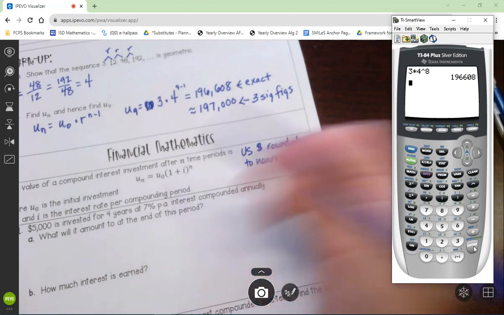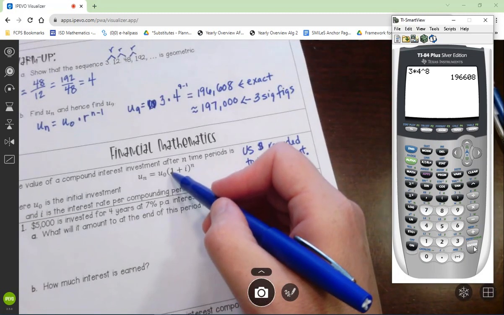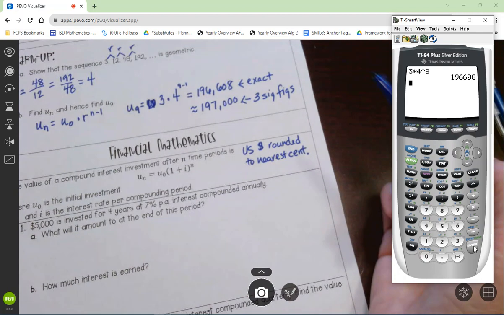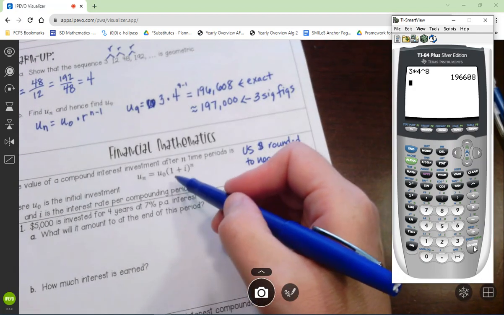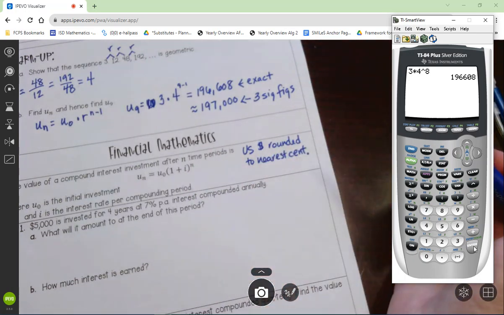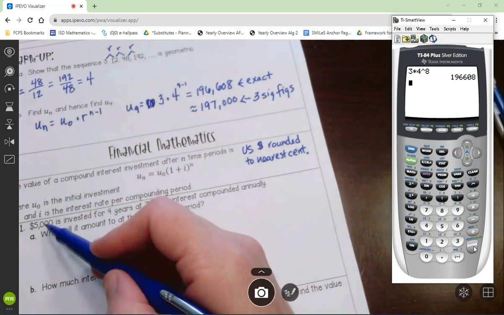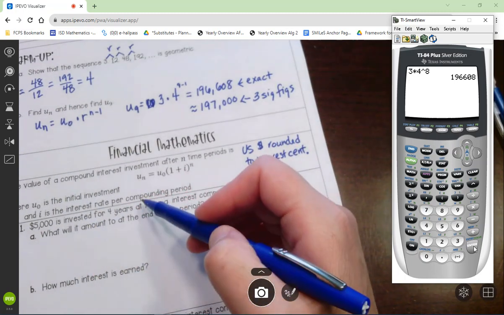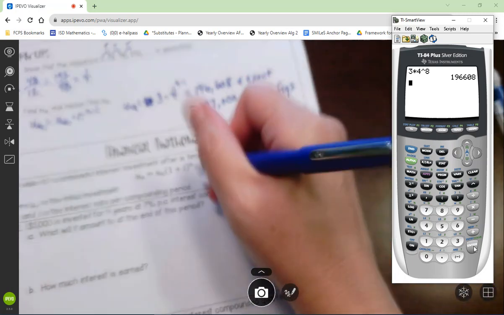Your interest, say for example, if it's 5%, then it's going to be multiplied by 105%, which is 1.05, and you multiply by that 1.05 every time you apply the interest, and you apply the interest n times. So u sub 0 is your initial investment, and i is the interest rate per compounding period, and that is going to be as a decimal.